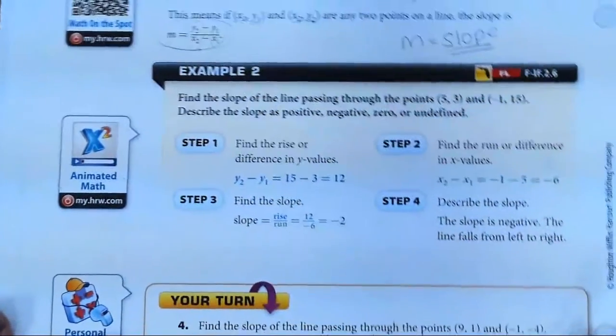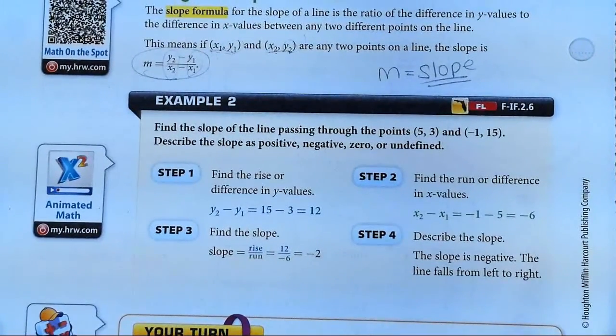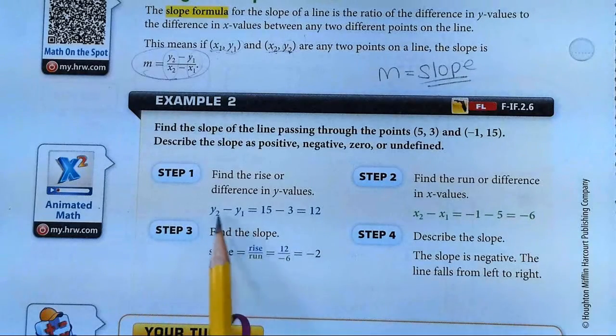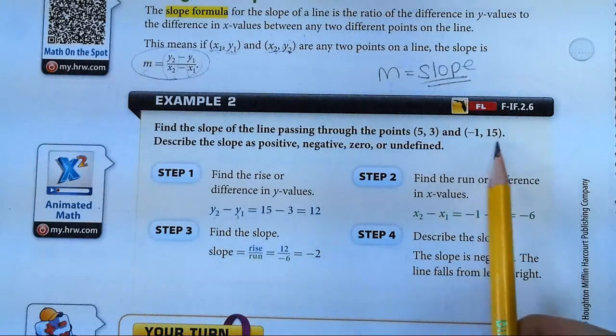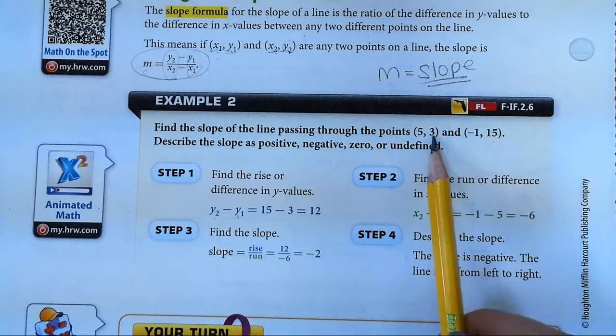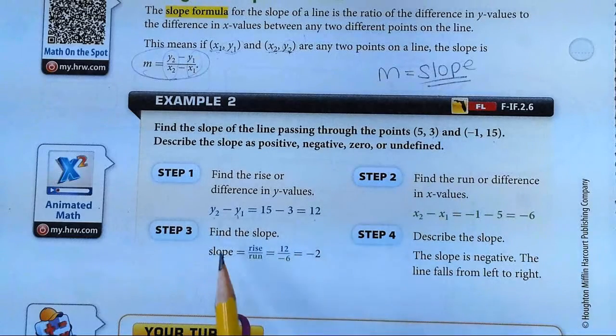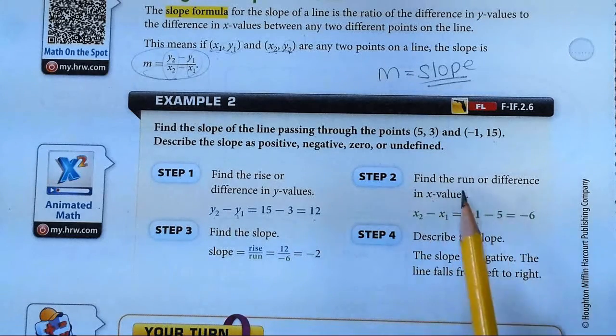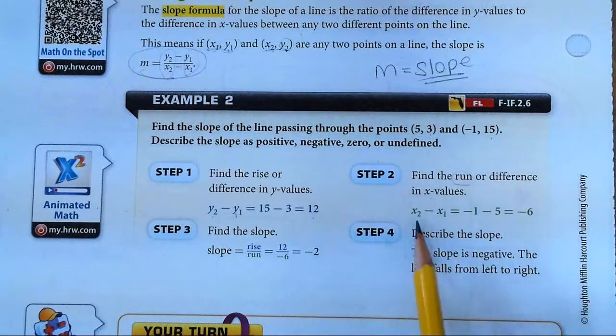Okay? So in this second example, it says to find the slope of the line passing through points 5, 3, and negative 1, 15. It says to describe the slope as positive, negative, 0, or undefined. So you see here that they did y2 minus y1. So 15 minus 3, and that gives you 12. And then your second step is to find the run, which is going to be your x value.